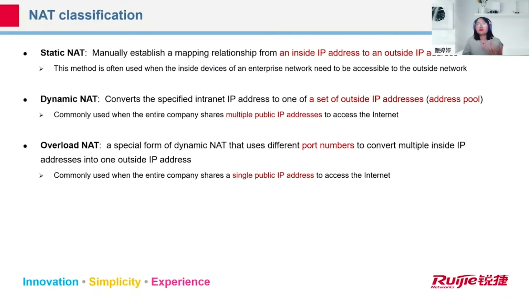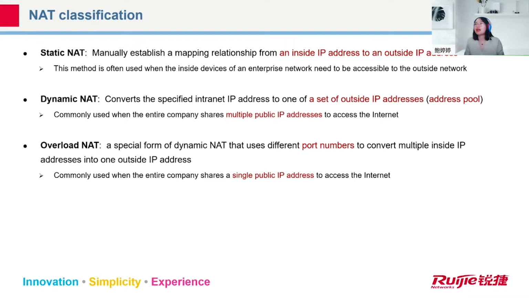And the third one, also the most useful one, is overload NAT. We not only translate the source IP address, but also translate the port number. Because with dynamic NAT, one public IP address can be used for only one private IP address at the same time.